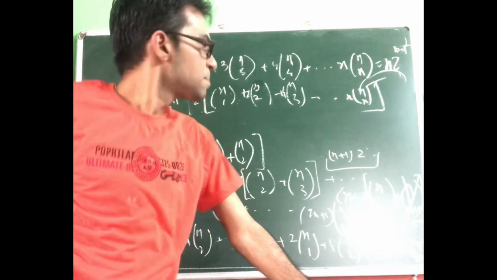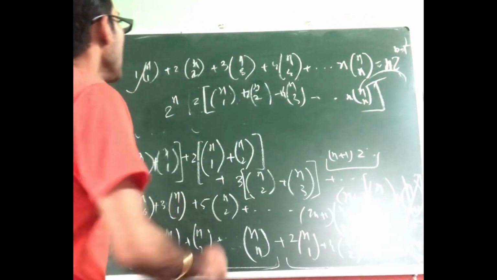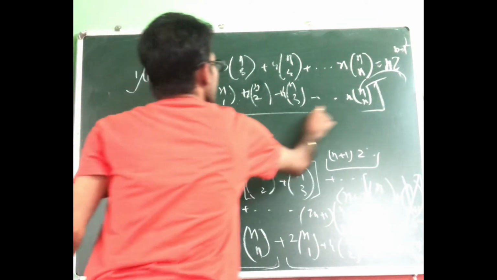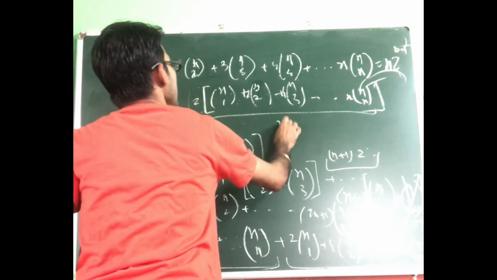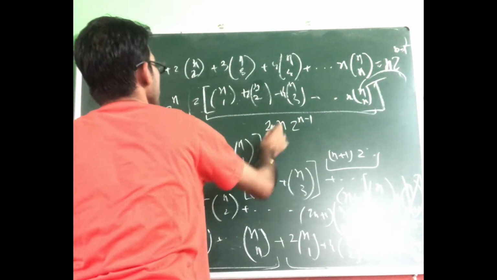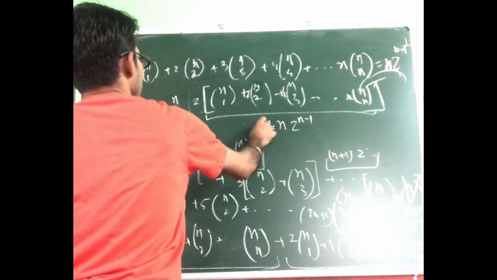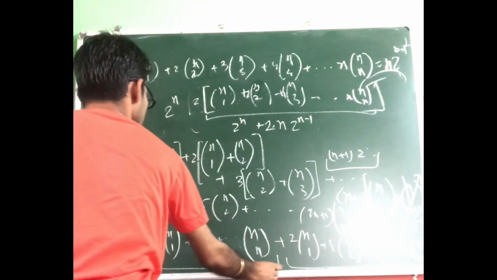So this exactly is this series, and this series is equal to n 2 to the power n minus 1, and then here I have got a 2, and then the extra thing I am having is plus 2 to the power n, this portion.